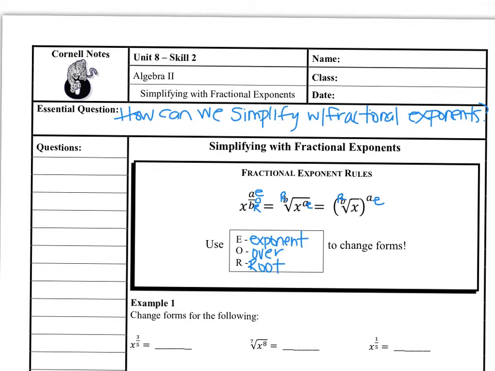Just some other vocabulary. If you see something written like this, so if I have something like X to the A over B, some other vocabulary that you might hear and we will be using: the B, or the root that we just called it, may also be called the index.